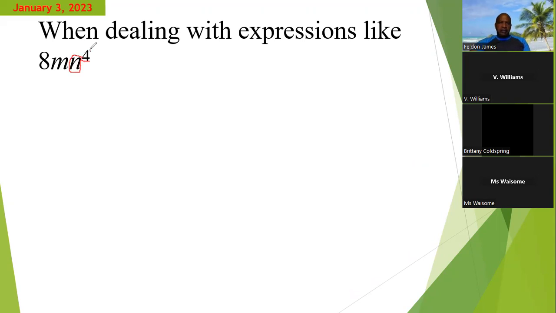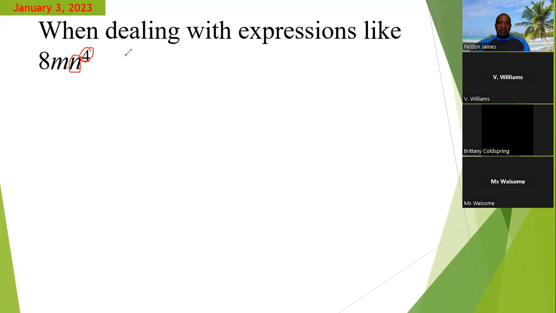So here this power 4 is immediately above the letter n. Now it means that this 4 is only assigned to the letter n. The 4 is not assigned to m, it is not assigned to 8. So it is important that you realize that only the symbol that the power is immediately above is the symbol that gets raised to that power.